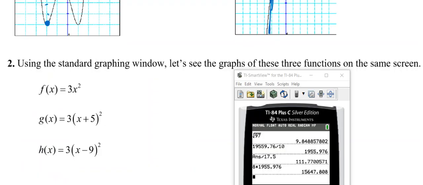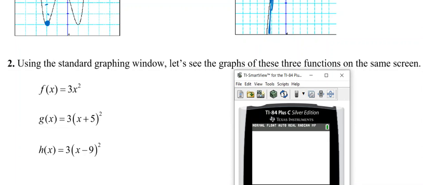To demonstrate horizontal shifts, I'm going to use a graphing calculator to look at the graph of 3 different functions. They're all related to the function x squared. Actually, I can also demonstrate what happens when you multiply by the number 3 here.